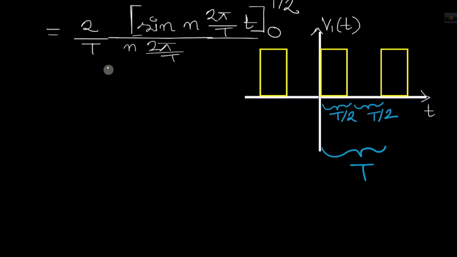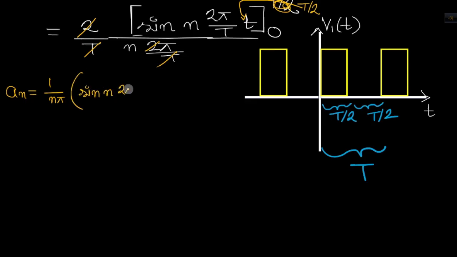Okay, so if I cancel 2 and 2, then T, I will have an is equal to 1 by n pi. Now the upper limit is T by 2, and if I put T by 2 here, I will have sine of n times 2 pi by T, times T by 2. Then I have a minus here.